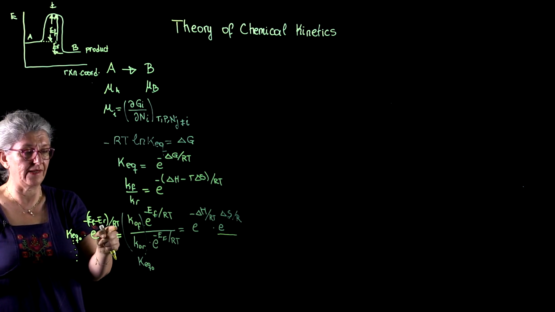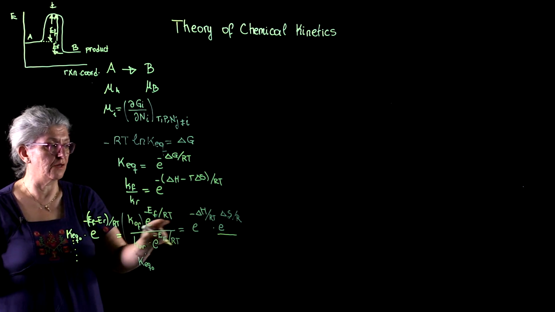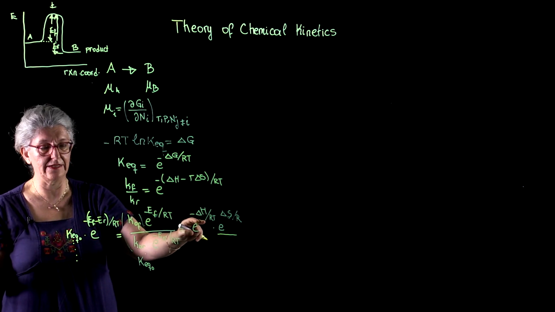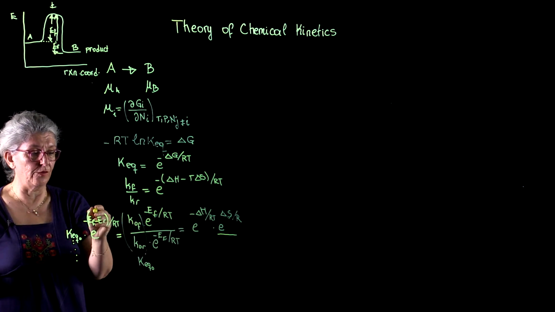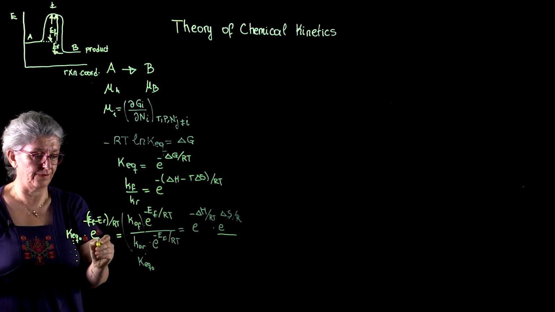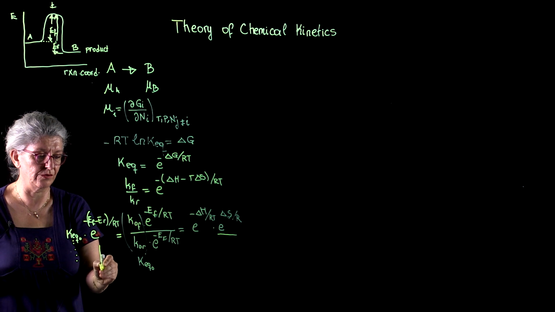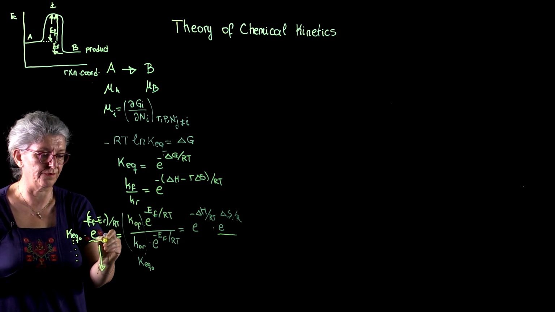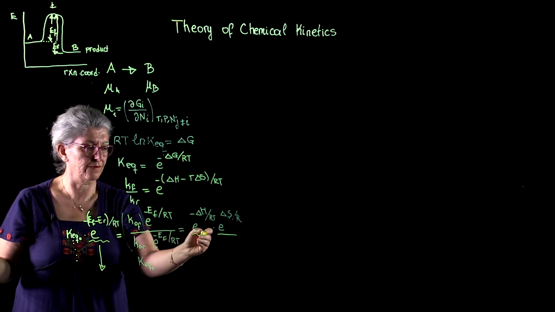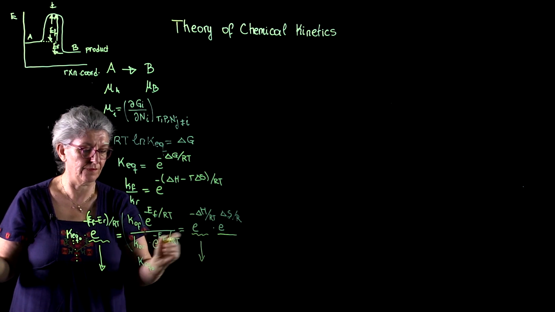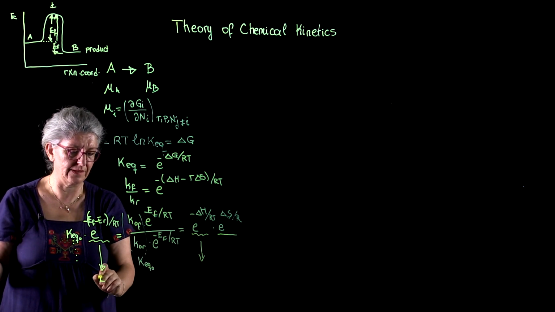We have a temperature-dependent term with almost identical functionality. On this side we have E forward minus E reverse. On that side we have delta H reaction. Now E forward minus E reverse, let's take those two terms. And let's see.